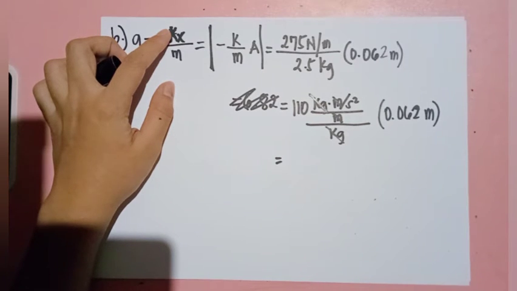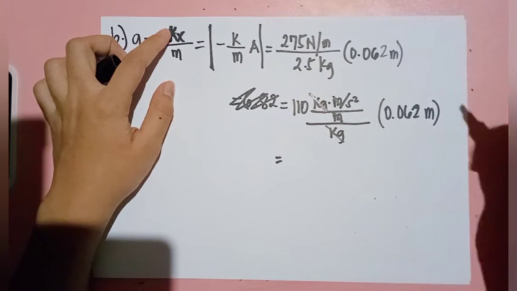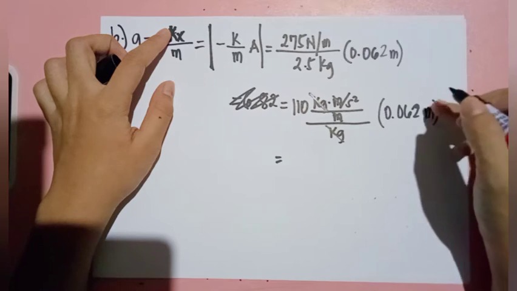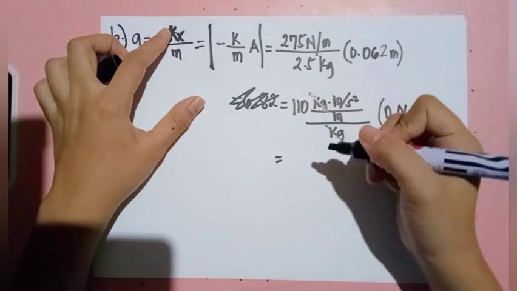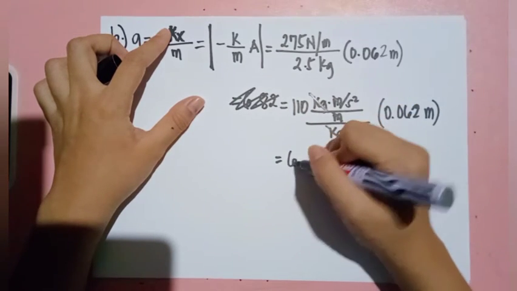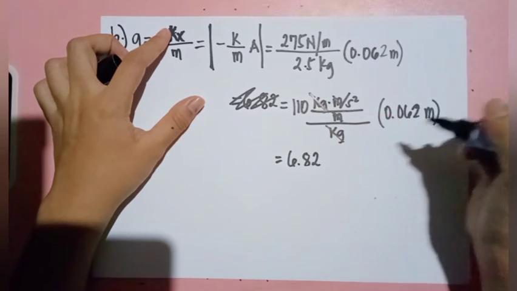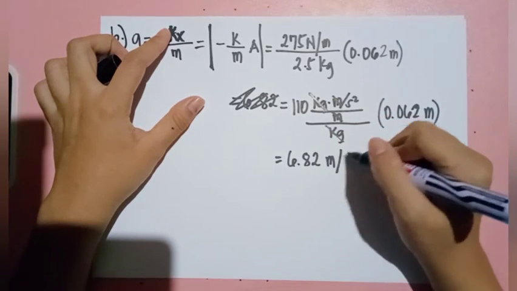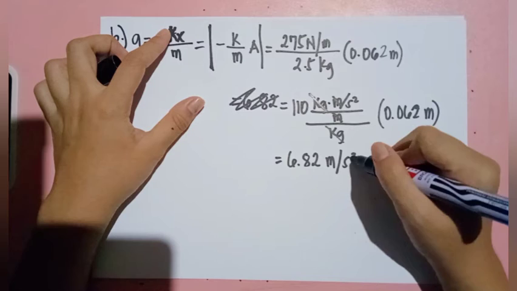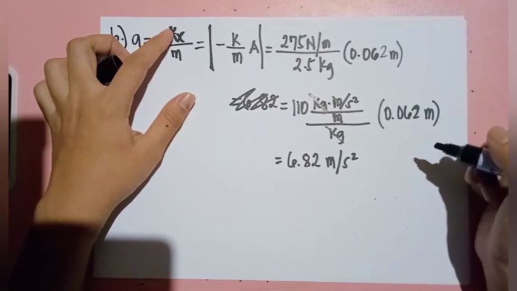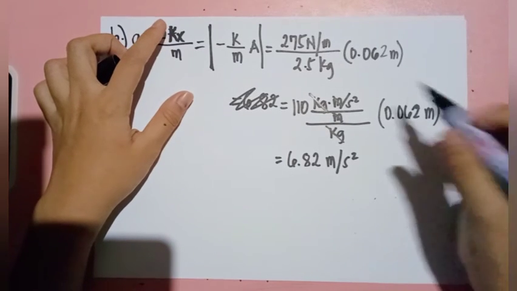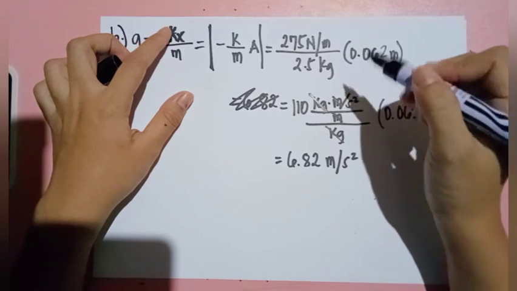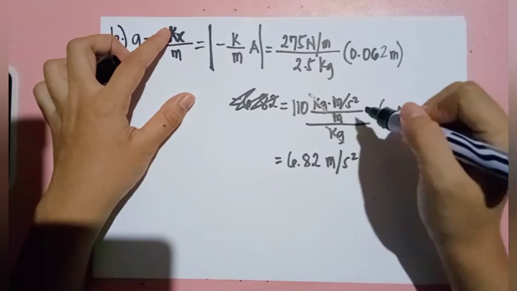We have 6.82 meters per second squared. So the remaining unit here is 1 over second squared.